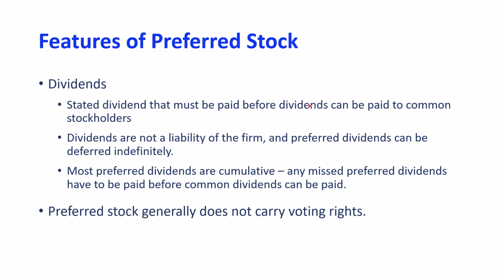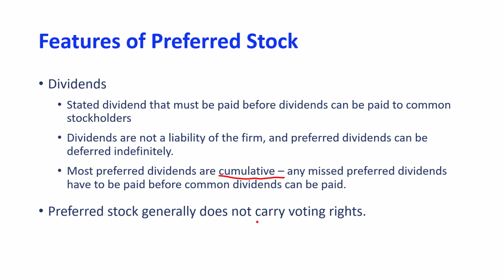But when the company decides to pay these dividends, they have to be paid before the common shareholders. These preferred dividends are cumulative, so if the company defers them, they're going to accumulate over time. That's why any missed preferred dividend has to be paid before common dividends can be paid.